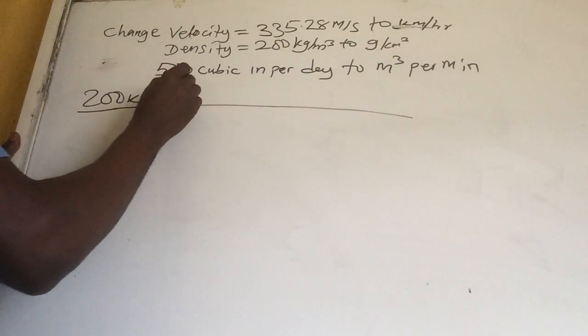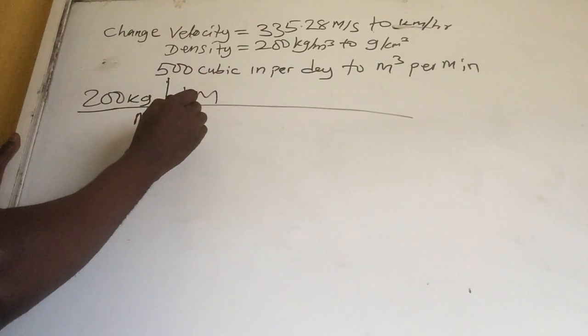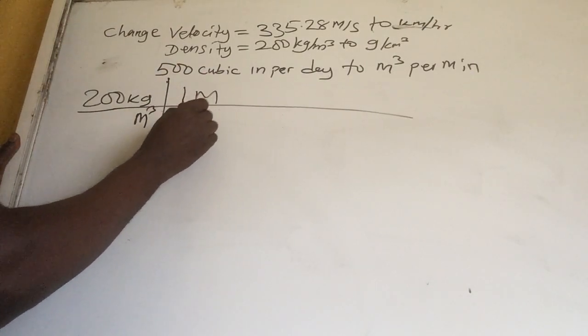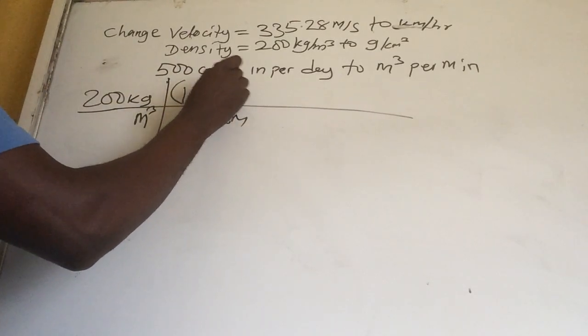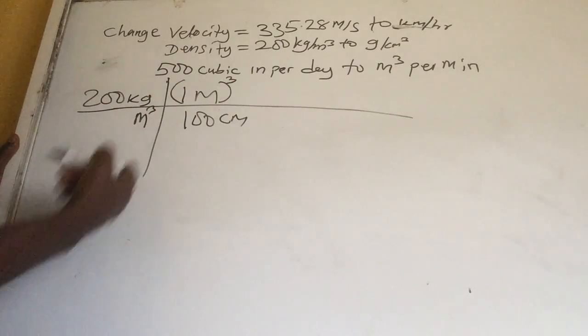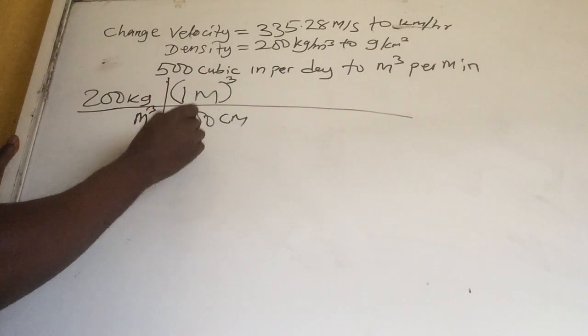Now 1 meter is 100 cm, but this is meter cube. You raise it to power 3. That is, find the cube of it.